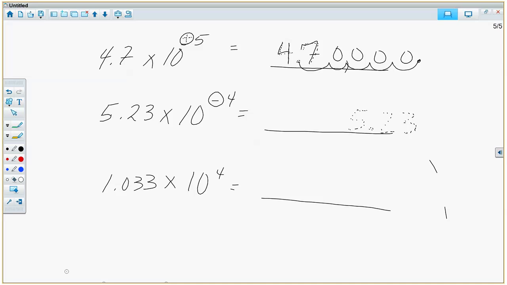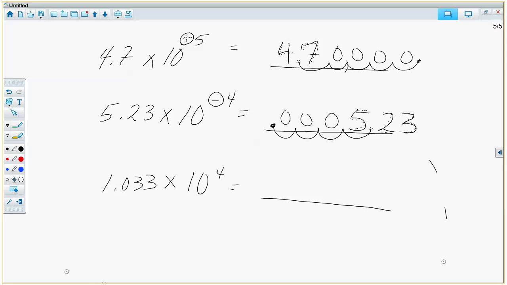So 1, 2, 3, 4. There's my decimal now, but I got 3 humps that don't have anything there. And then fill in your zeros, and that's your answer there.